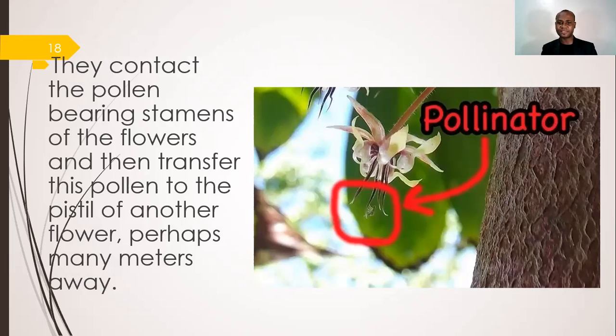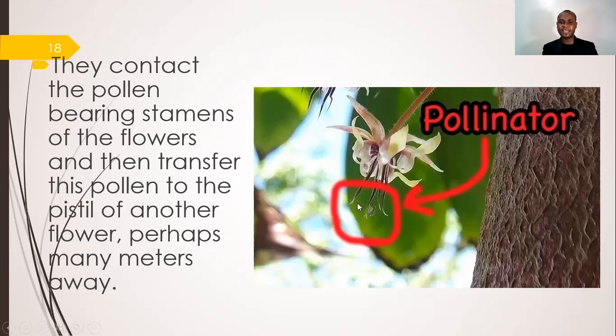If you check this particular image here, the midge settles here, and then manages to travel over here because the male part of the flower is buried by the petals. They sit over here, and their body is attached to some pollen grains.